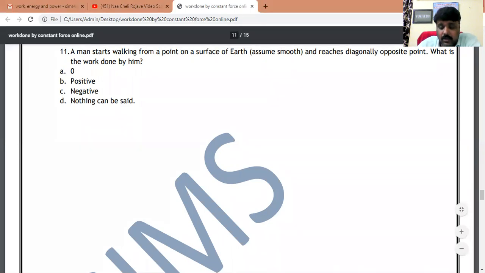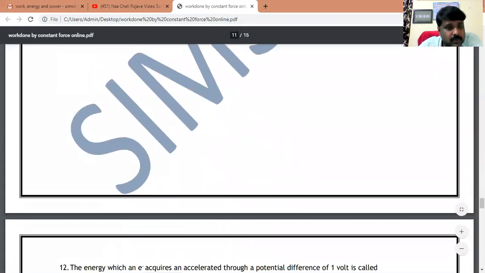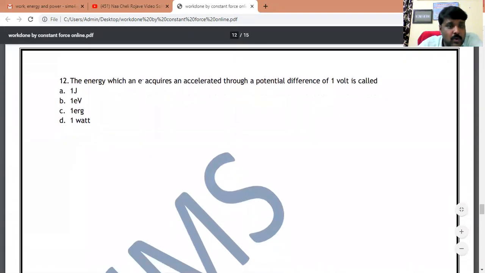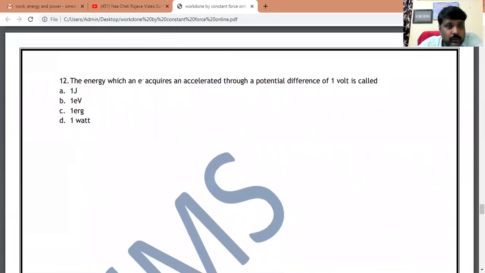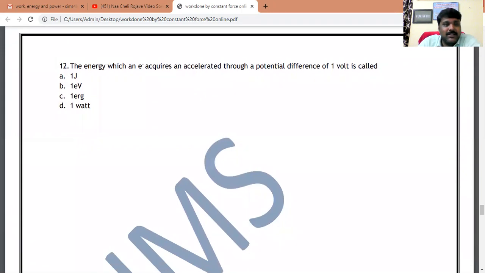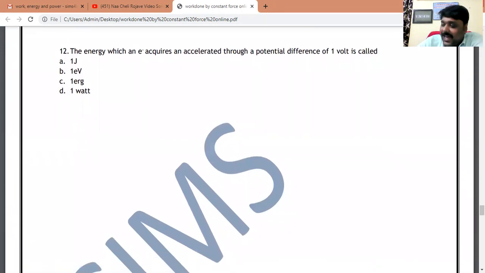Next problem. Here the answer is in the question only. The energy which an electron acquires on acceleration through a potential difference of 1 volt.